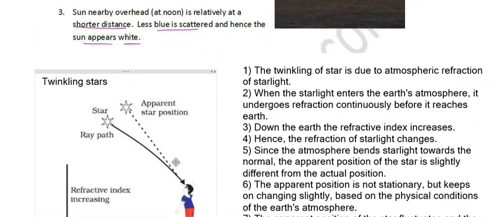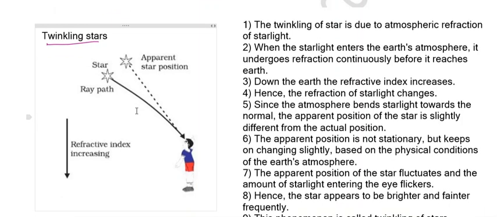Then let us talk about the twinkling of stars. We used to sing the rhyme, twinkle, twinkle, little star. So why are the stars twinkling? The twinkling of stars is due to the atmospheric refraction of starlight. You know very well the star is too far from us, and there will definitely be some atmospheric refraction as it passes through the atmosphere to reach us.